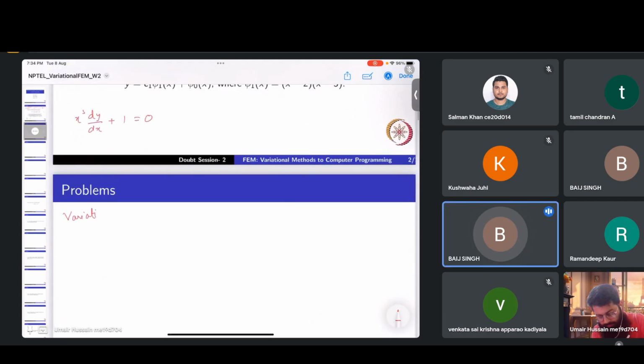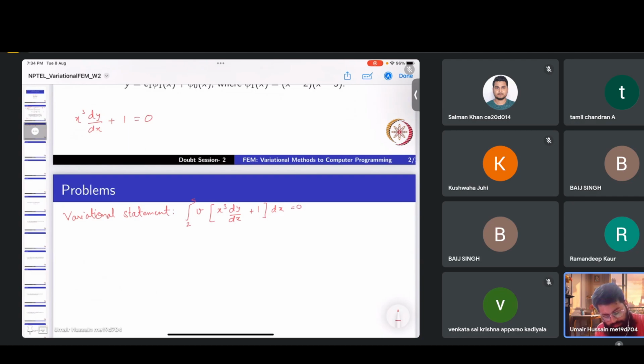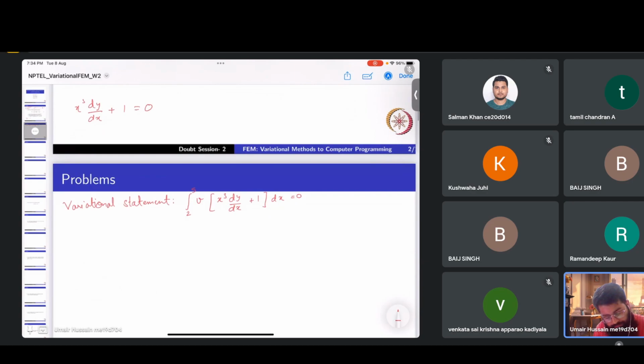Exactly, we have to do the partial derivative first. So I think in this case we don't need to do integration by parts. Yes, you're right. So I think this is the variational statement that we can get.